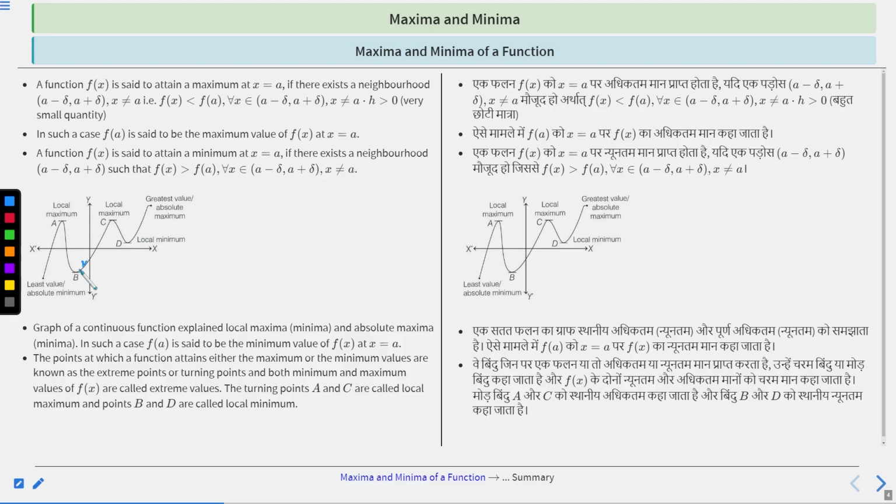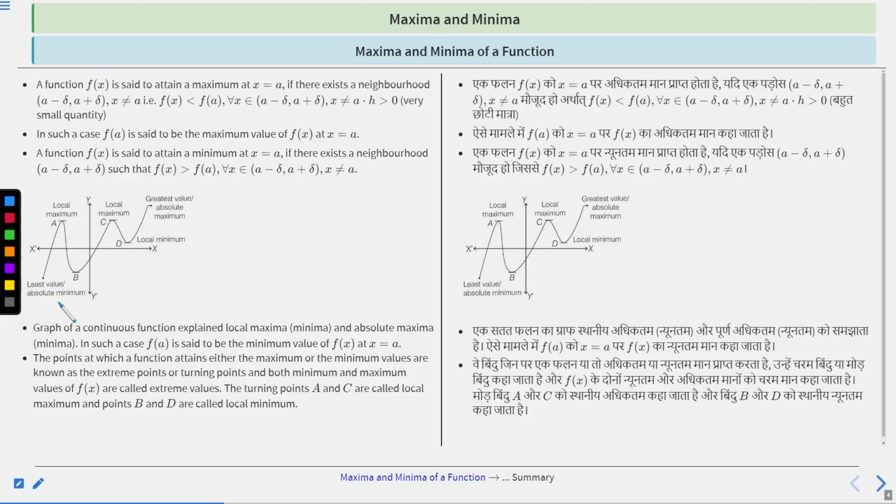Here you can see the graph of a function. We have a graph of a function in which, see, this is local maximum, right? This is again local maximum. This is local minima, right? This here is the greatest value, that is absolute maximum, or it is also called global maximum.